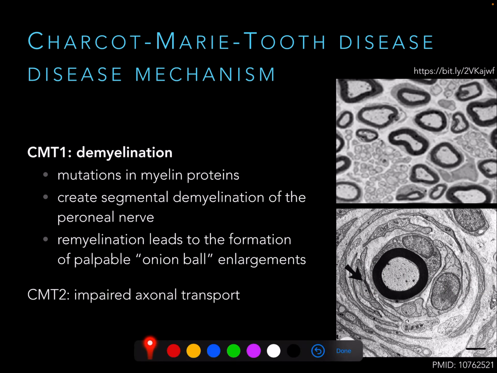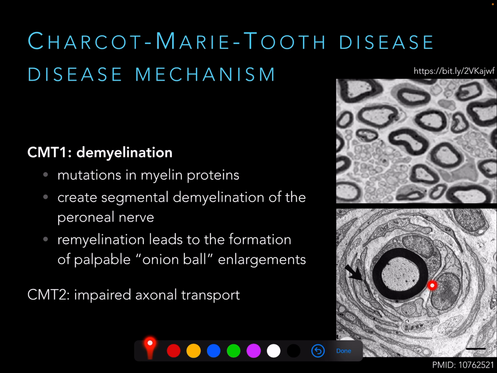All right, so in Charcot-Marie-Tooth 1, CMT1, this is demyelination. That's what it is. So there's a bunch of mutations that can occur in proteins that we find in myelin. And this causes the myelin to not form properly. So rather than getting a nice single Schwann cell myelinating this fiber here, right?